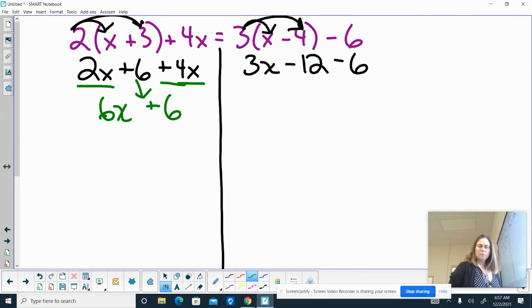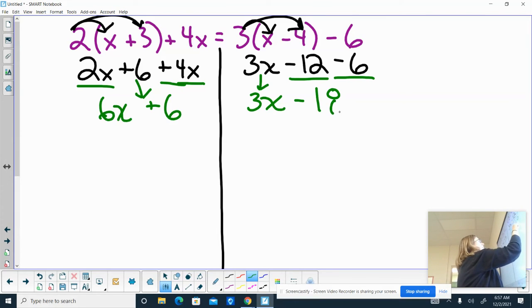Then I'm going to look on the right. I'm going to combine anything that looks alike. If you look here, I have 2 constants, so I'm going to combine those. Bring down my 3x. -12 minus 6 is -18. So that becomes -18. Okay.